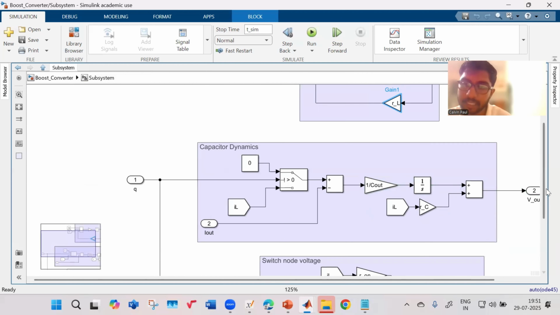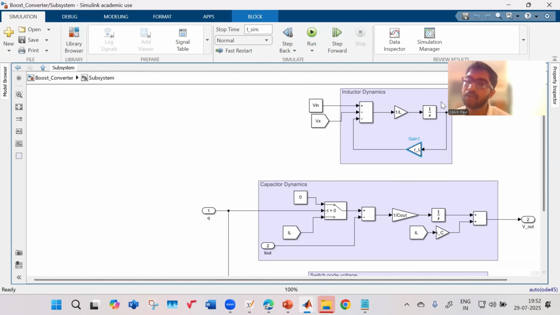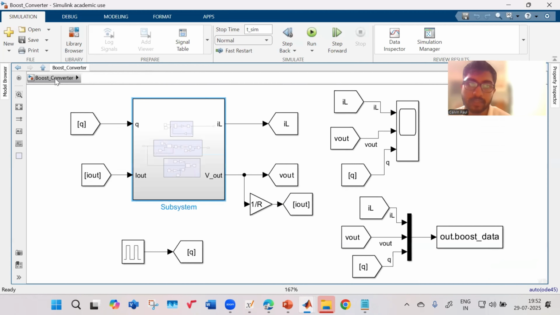Next, you have to generate a switch node voltage. Depending on the on resistance, when the inductor current comes, or depending on the output voltage, this switch node voltage also is generated. So this is effectively the mathematical model of my boost converter. Now, this is my output voltage. I do 1/R, I get the load current.